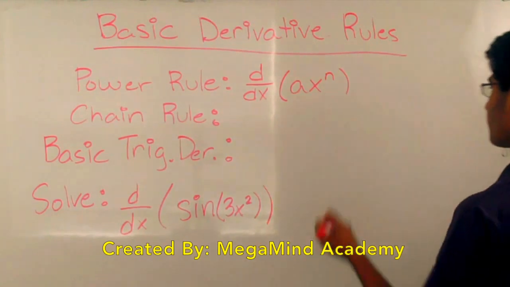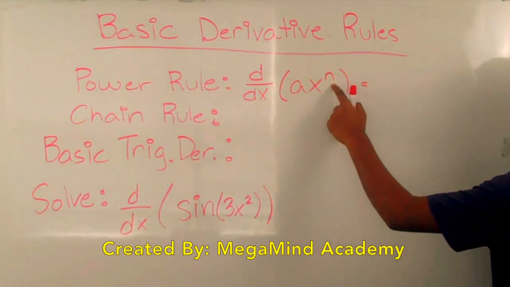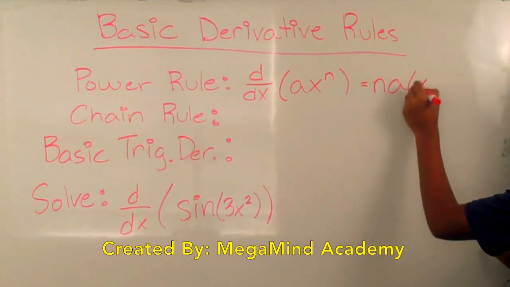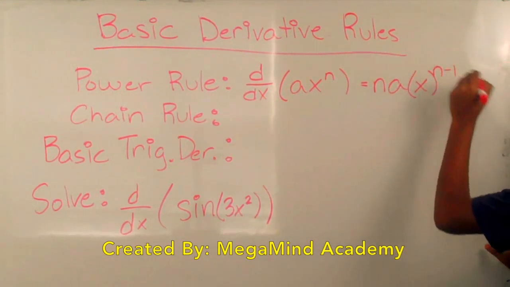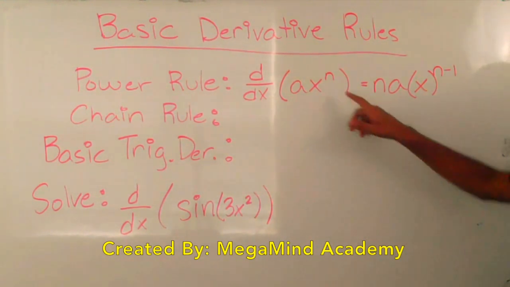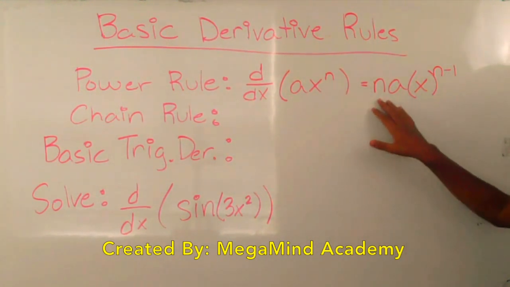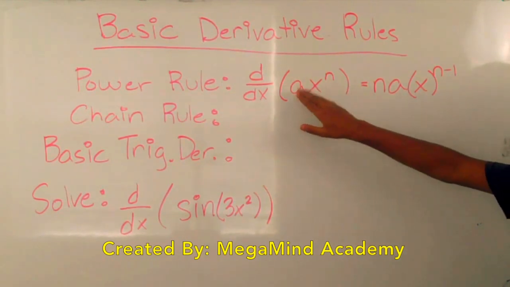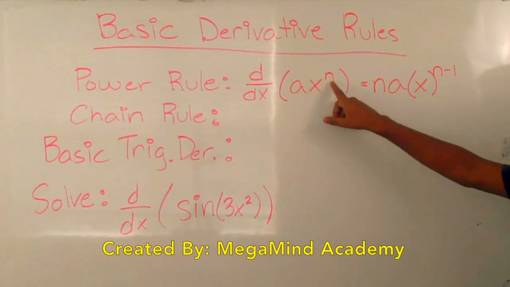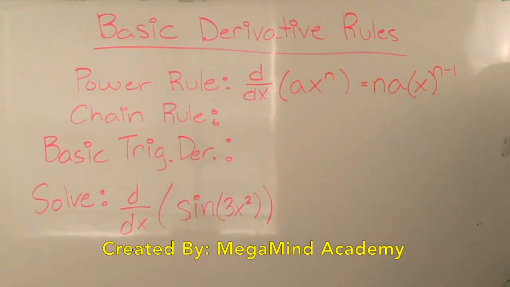Well, how you do it is we multiply the exponent with a, so we get na times x to the n minus 1 power. So it's just that. It's pretty simple. You just move the exponent, you multiply it with the coefficient. If it's just x to the n power, then you know a would be 1. So you multiply n with a, and then the exponent gets decreased by 1.